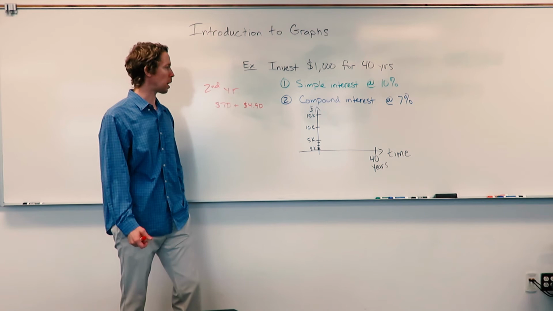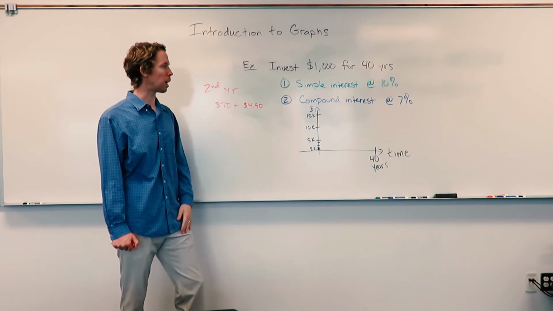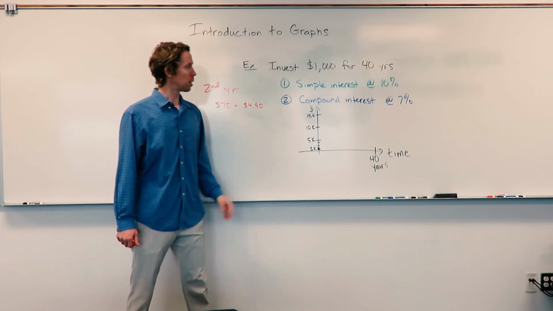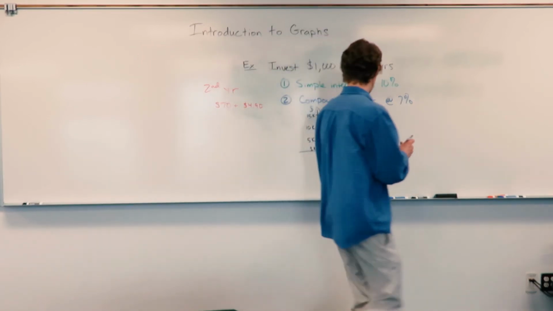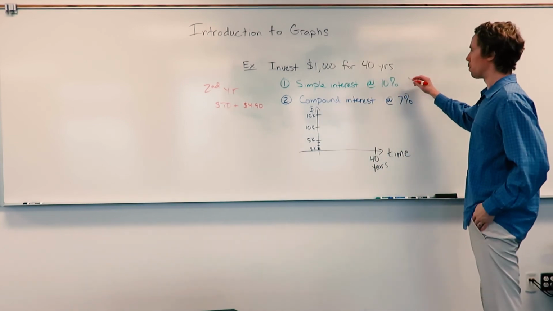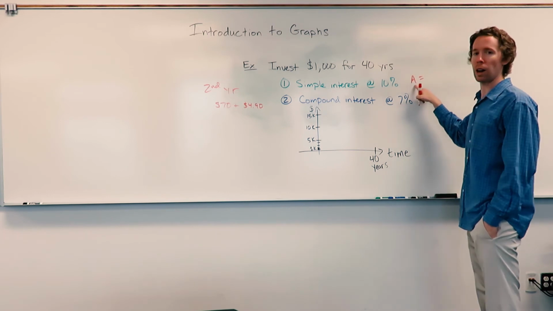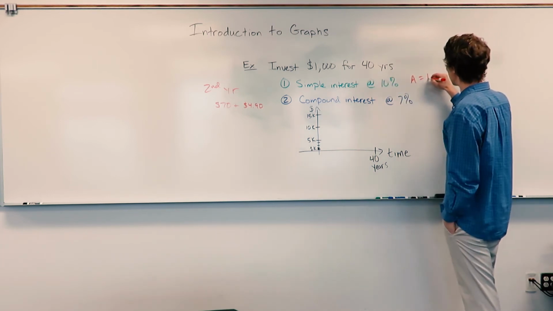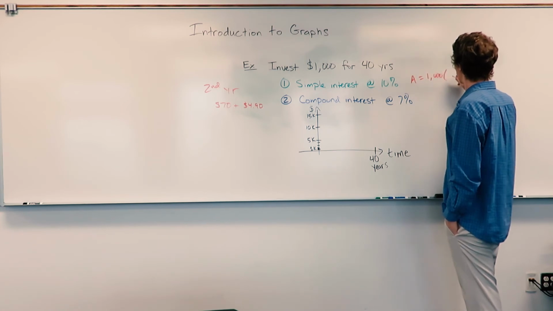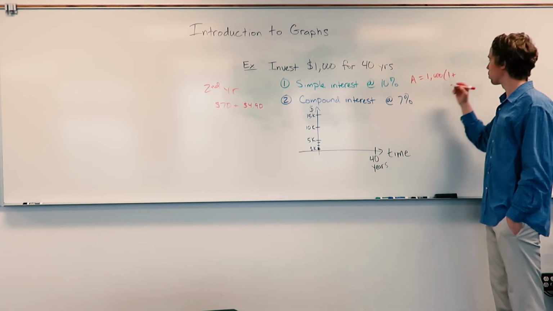And you could go through some calculations to try to figure it out. I think it would take you a while to try to figure this out by hand. But there are nice simple formulas for these, so I'm going to write down the formulas for you. For this first one, your amount after 40 years is your initial investment, let's say $1,000, times 1 plus your rate, which is 10%.